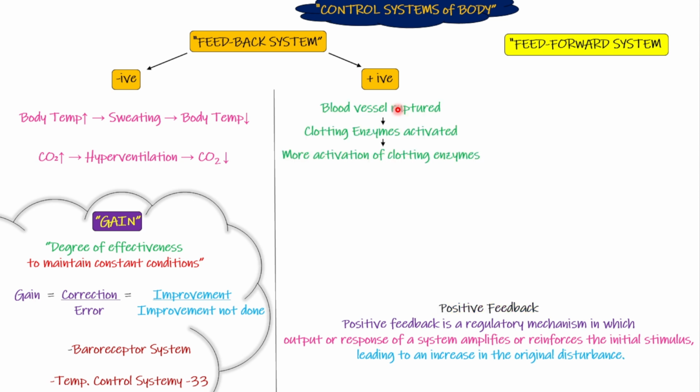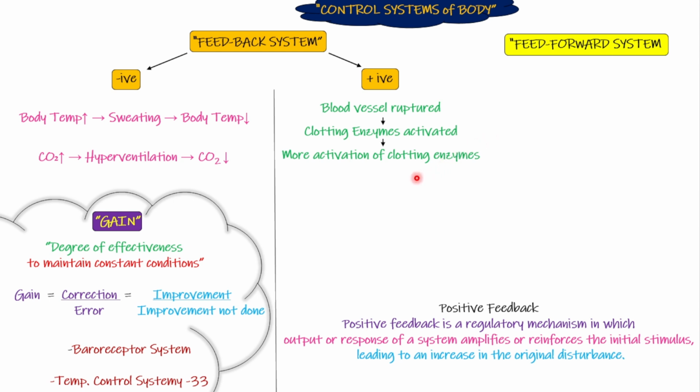So the first example is blood vessels. For instance, if a blood vessel is ruptured, what happens? The clotting enzymes are activated. Whenever there is activation of a clotting enzyme, it leads to activation of other clotting enzymes, and those further increase the activation of more clotting enzymes.